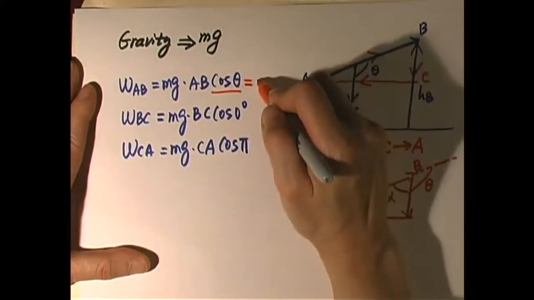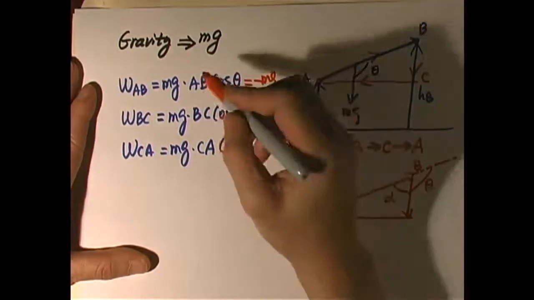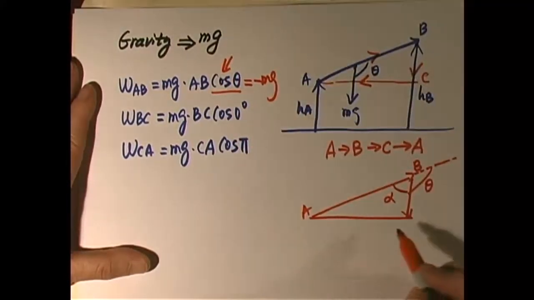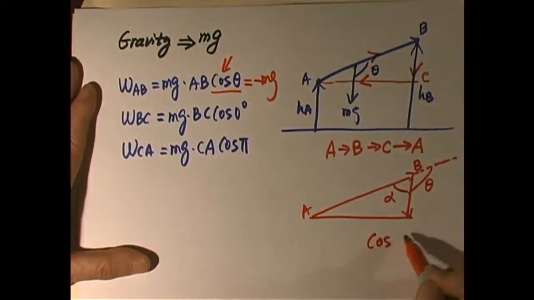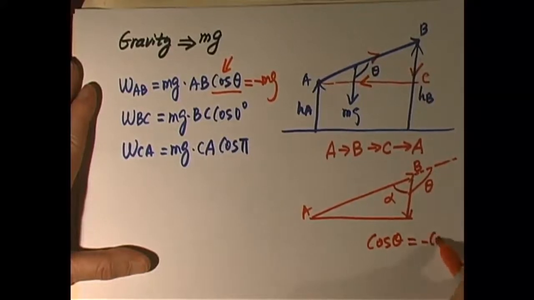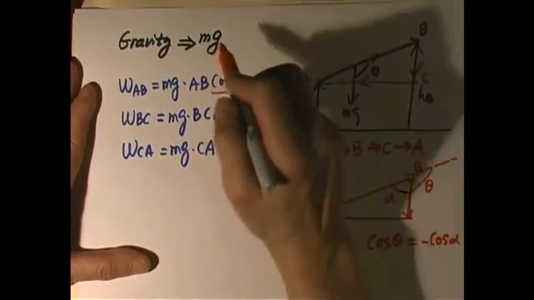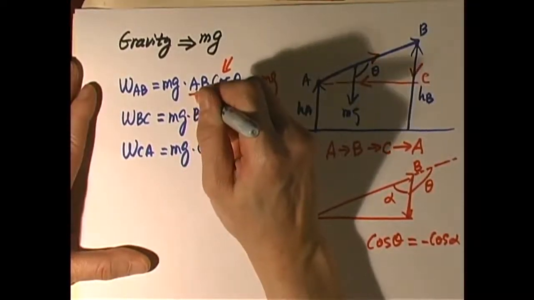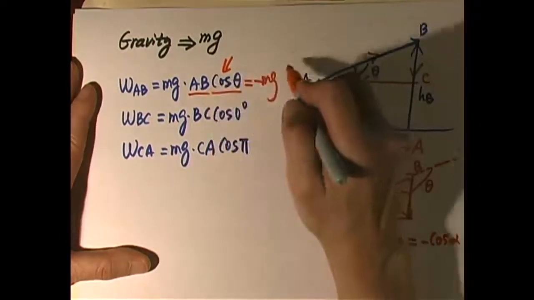Well, we still have mg, so it's negative mg AB, and cosine theta is negative cosine alpha. AB cosine alpha, look at this equation. AB cosine alpha gives us this. This is actually the difference of the height of B and A. So if we replace that, this term ends up as BC.